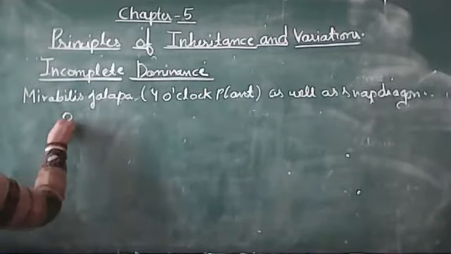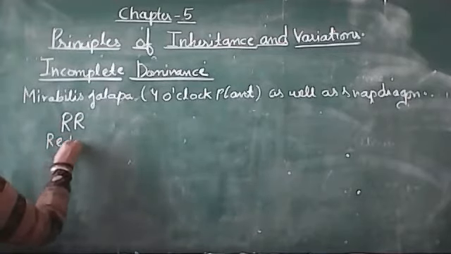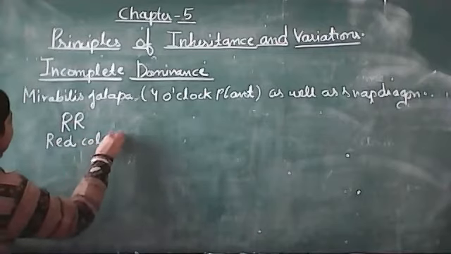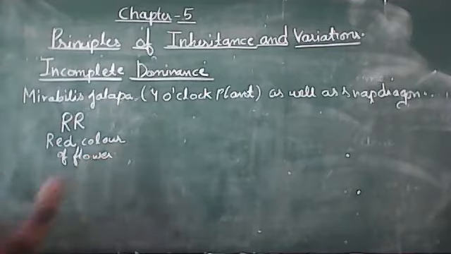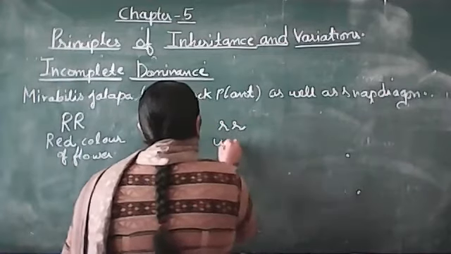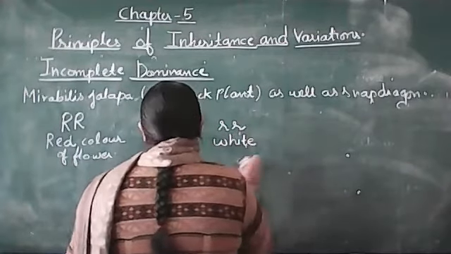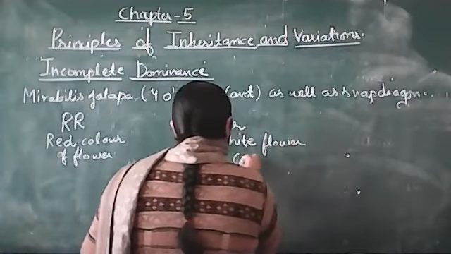One is the red flower color, designated here by the letter capital R. And this red flower color is actually the dominant one. And then the other parent is small r, which is the recessive character, that is white flower color.